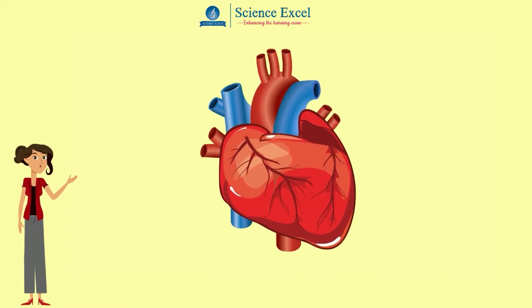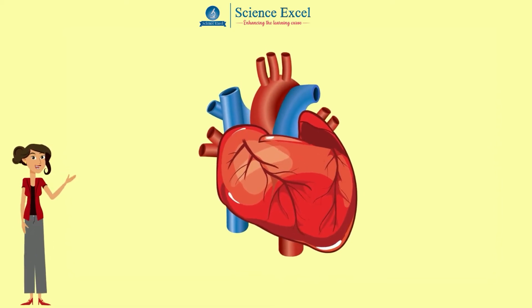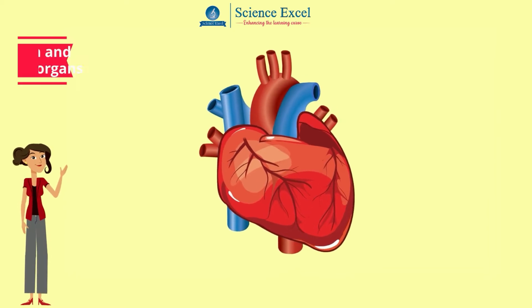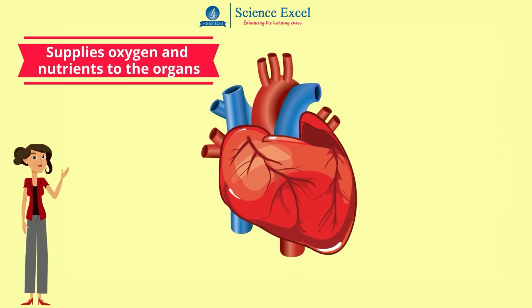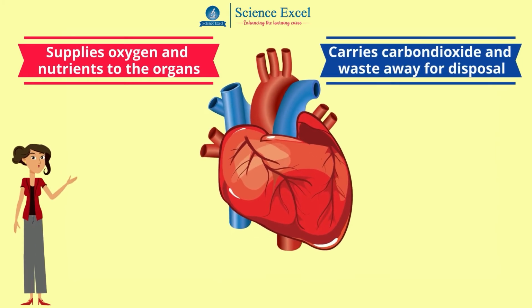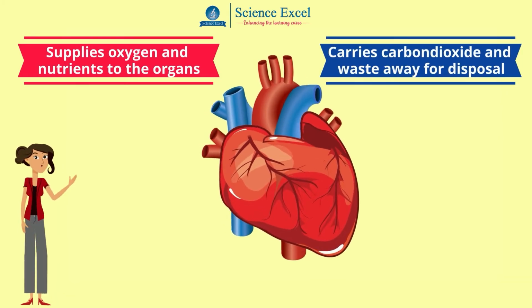The heart is a muscular organ that pumps blood throughout the body through rhythmic contraction and relaxation, supplying all organs with oxygen and other vital nutrients. It also carries carbon dioxide and other waste products away for disposal.